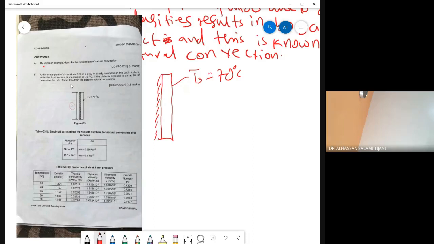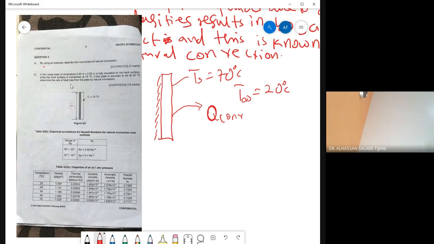If the plate is exposed to air at T infinity equals 20 degrees Celsius, determine the rate of heat loss from the plate by natural convection. So there will be heat loss from the plate by convection, and this convection is natural convection. So we need to determine this.